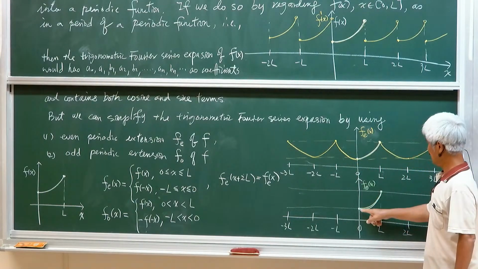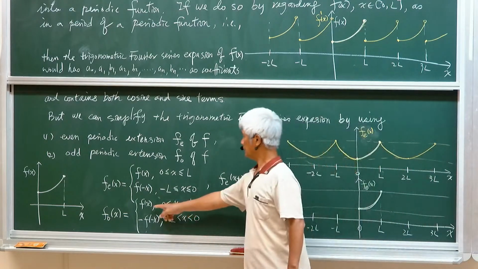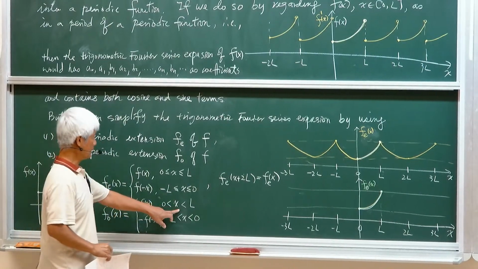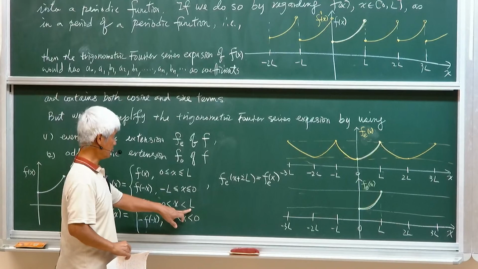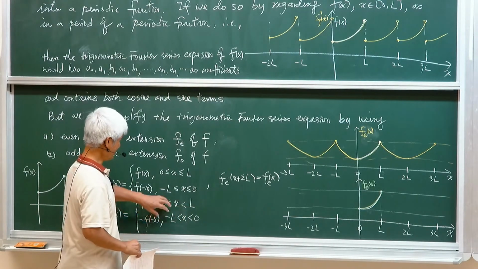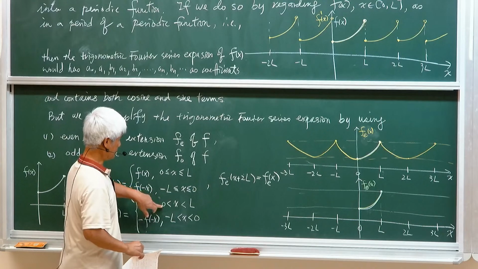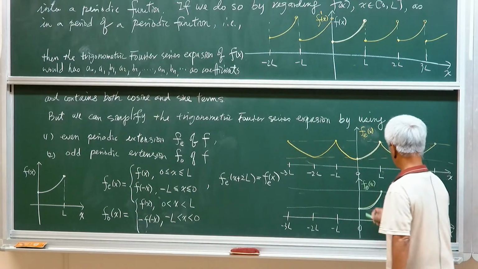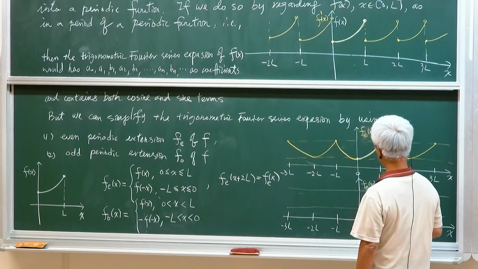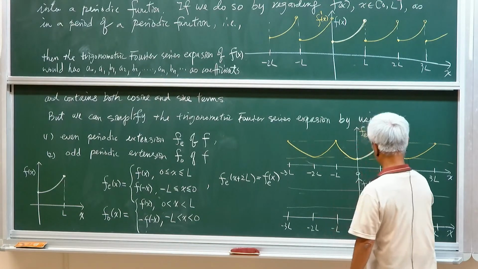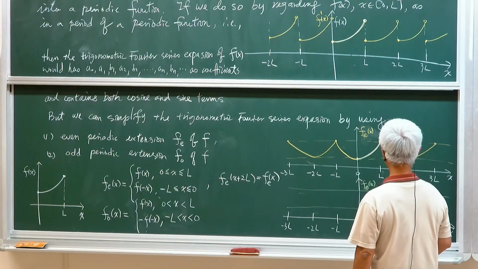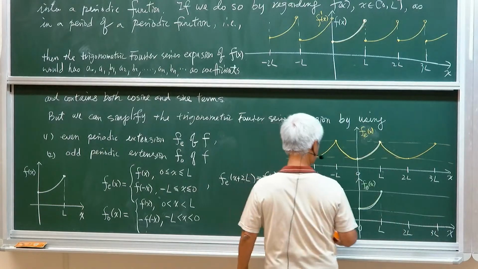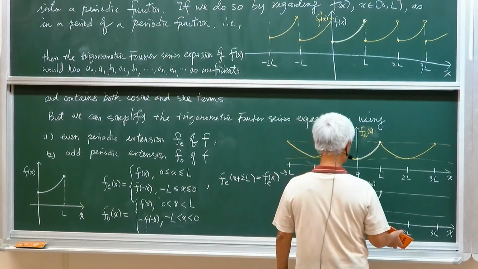So that the odd periodic function is equal to f(x) when x is between 0 and L, but we exclude both endpoints 0 and L here. The reason is that to be an odd extension, the space is not enough.